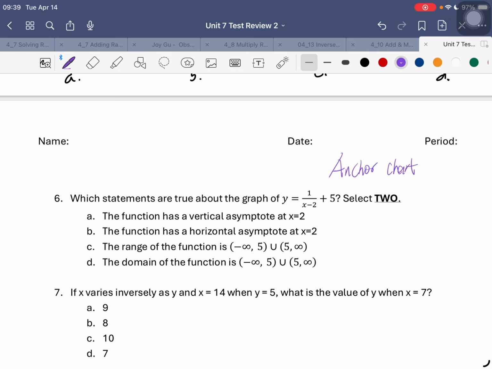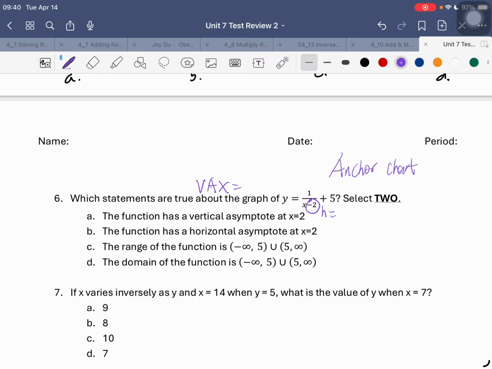Okay, so it asks you to select 2 correct statements. For the vertical asymptote, is x equals something. Yeah, it is x equal +2 because it's h.